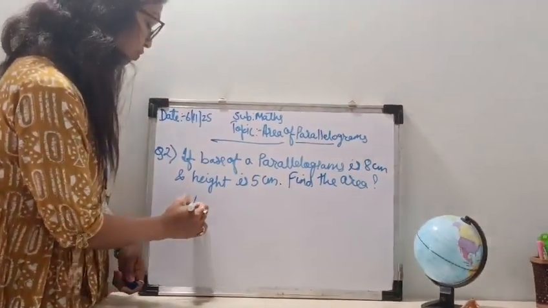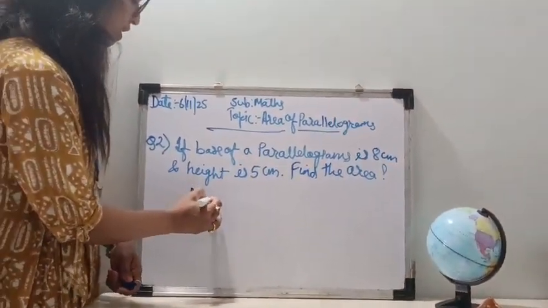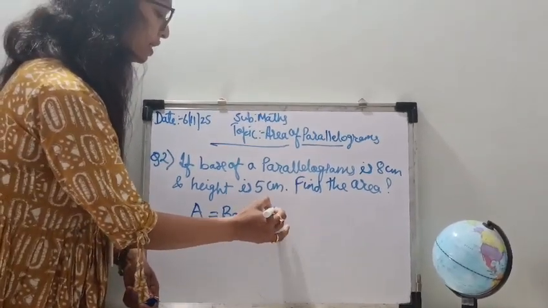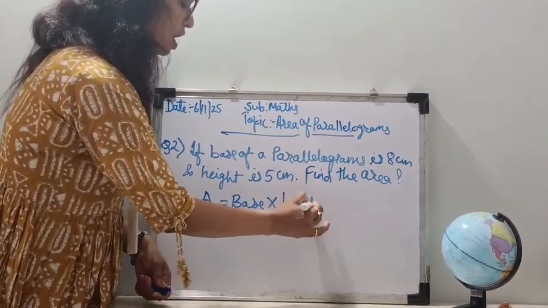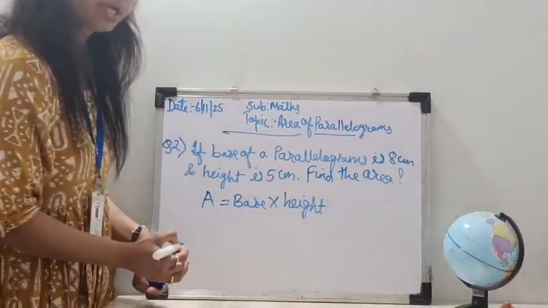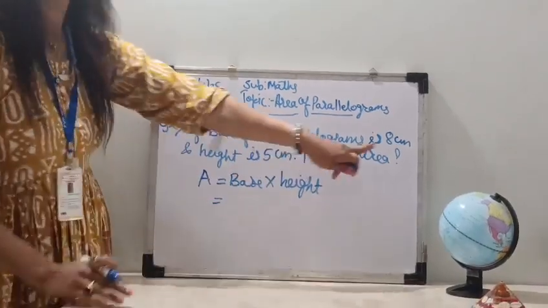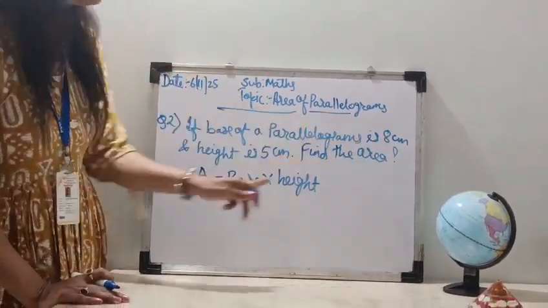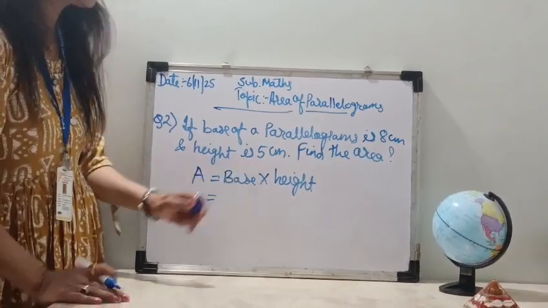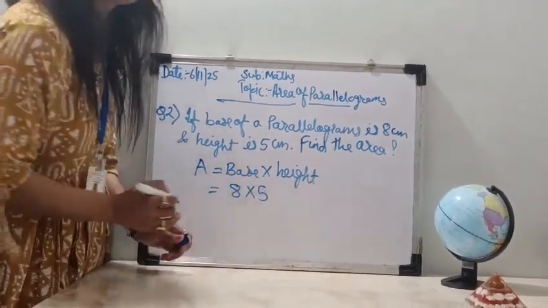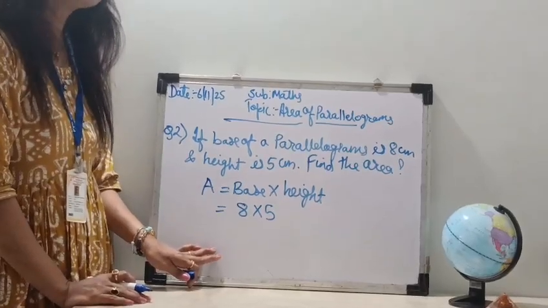So again, what we will do? We will do the calculation. Base multiplied by height. Okay. So what is base? Base is 8 centimeter. What is height? Height is 5 centimeter. So 8 multiplied by 5. So what will be the area?